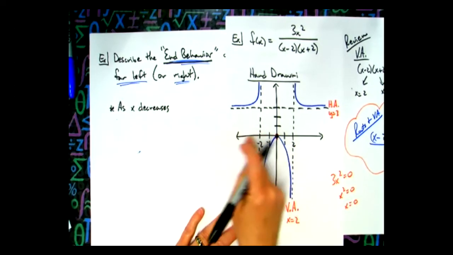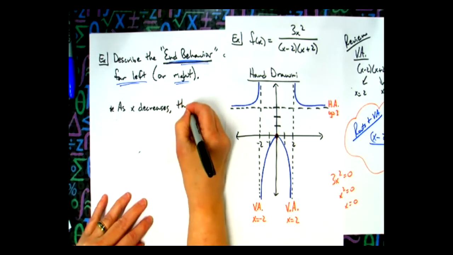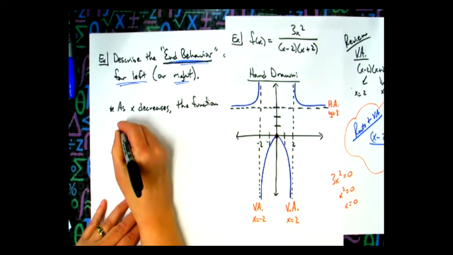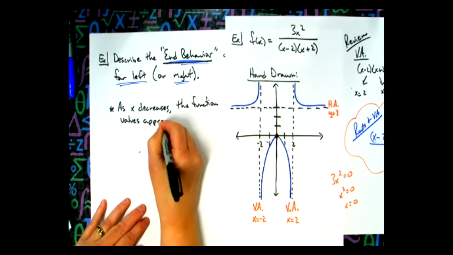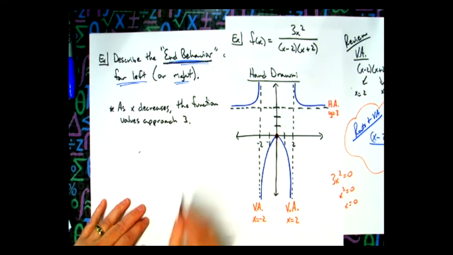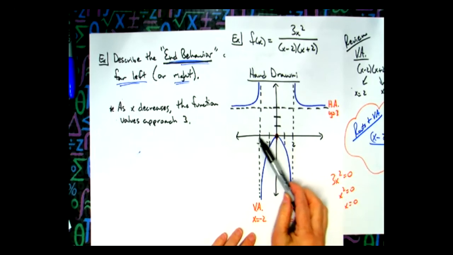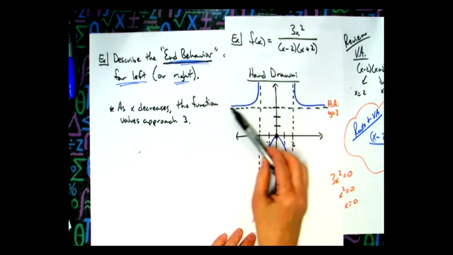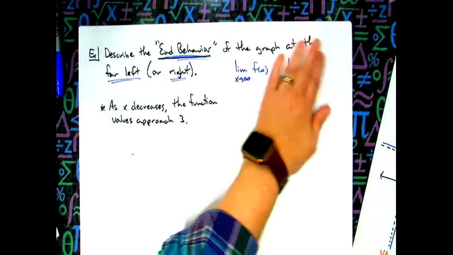As the limit goes to negative infinity, as x decreases, the function values approach 3. Okay. As x decreases, the function values approach that horizontal asymptote of 3. Okay. But they don't introduce the limit notation at all.